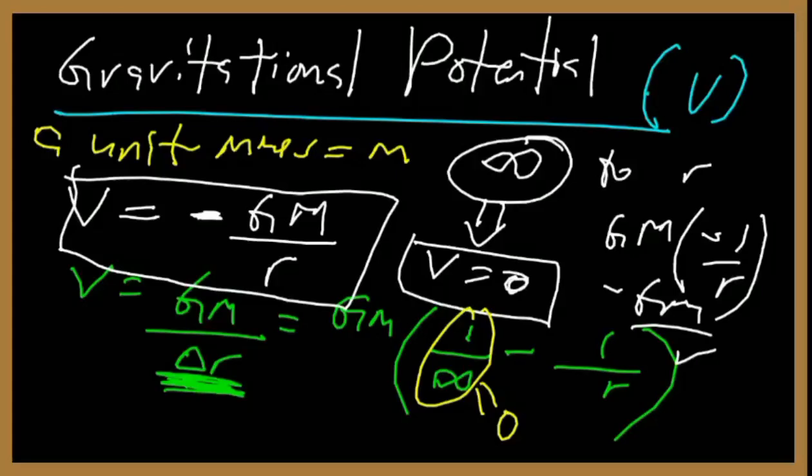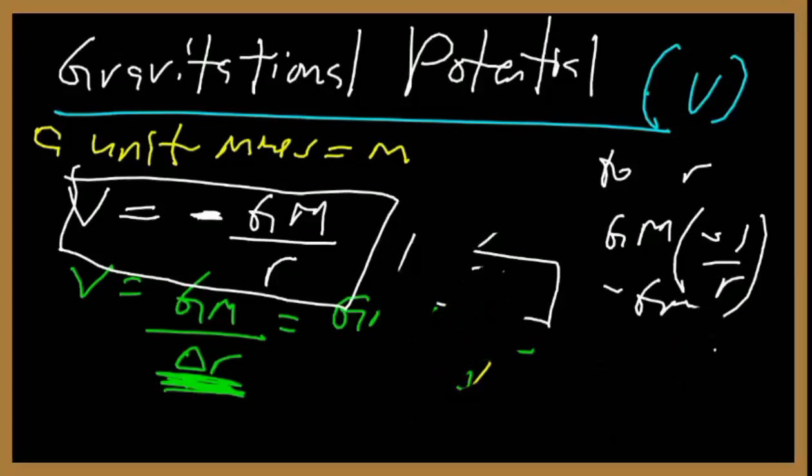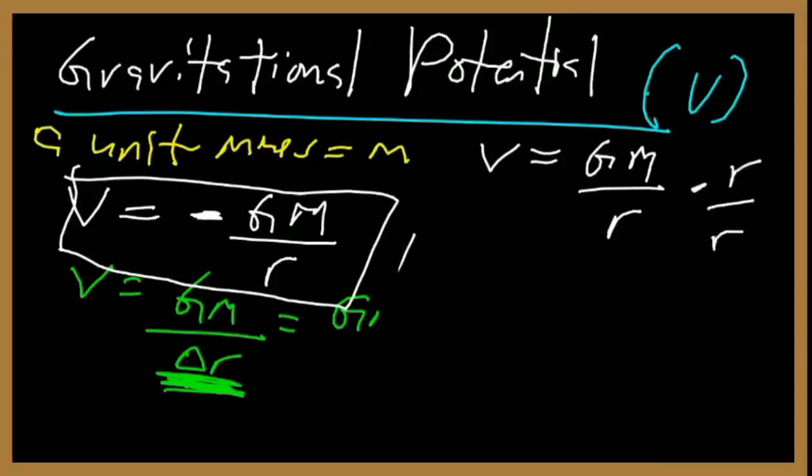Take note of another thing again. My V is equal to GM over r, neglecting the minus sign. Now if I multiply r at the numerator and denominator, I'll be having V equal to GMr all over r square.